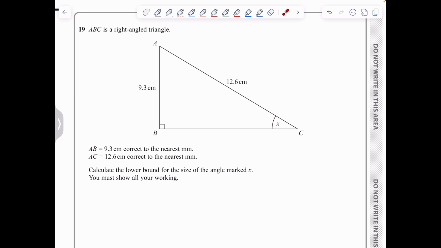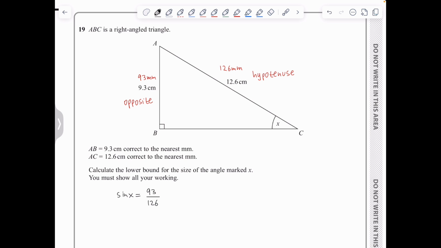Well, I will start by converting the measurements from centimeters into millimeters. So we're looking at 93 millimeters and 126 millimeters. Now we can recognize that AB is the opposite side and AC is the hypotenuse. So this involves sine. So sine of X is equal to opposite of 93 over hypotenuse of 126.